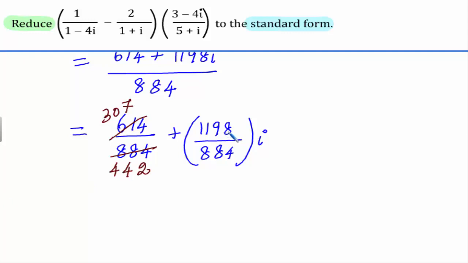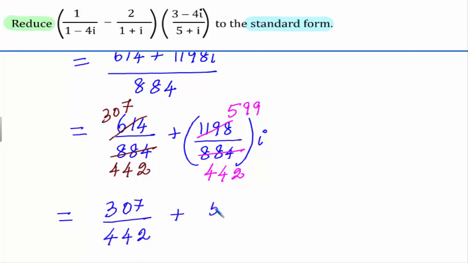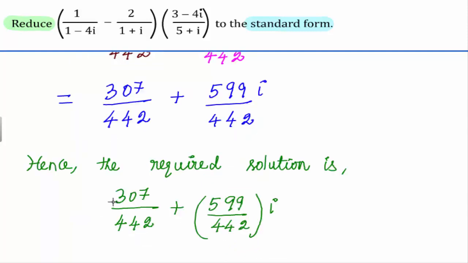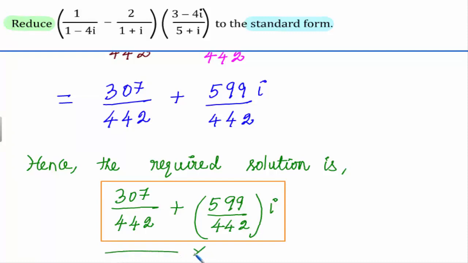Similarly, if we divide the numerator and the denominator of this fraction by 2, we get 599 upon 442. So this will be equal to 307 upon 442 plus 599i upon 442. Hence, the required solution is 307 upon 442 plus 599 upon 442 i. With this, we come to the end of the solution.